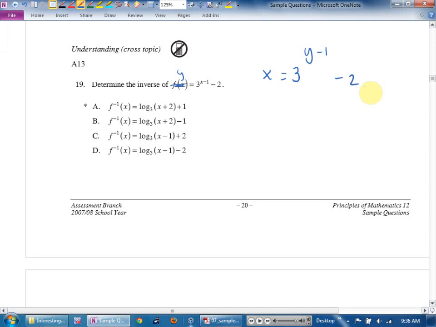Quickly glance. No. You know what? They want me to get the y by itself. Where's the y sitting? Exponent. So what am I going to do? Oh, listen up. I'm not going to take the log of both sides yet. What did I say I always wanted to do first before I took the log of both sides? If I could get the exponent by itself, I would do this first.